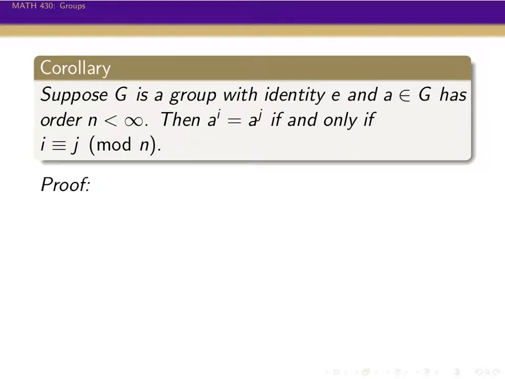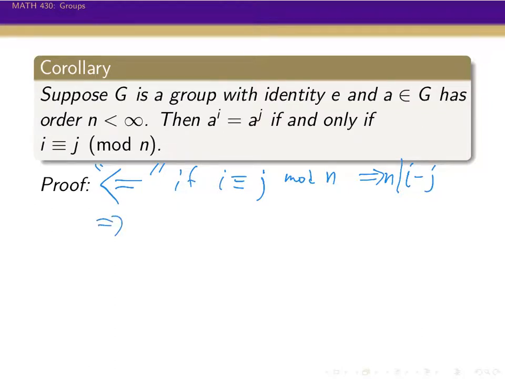So again, the backwards direction is simplest, so let's start with that. If we're starting off with i congruent to j mod n, well, that means that i minus j is a multiple of n, so n divides i minus j.